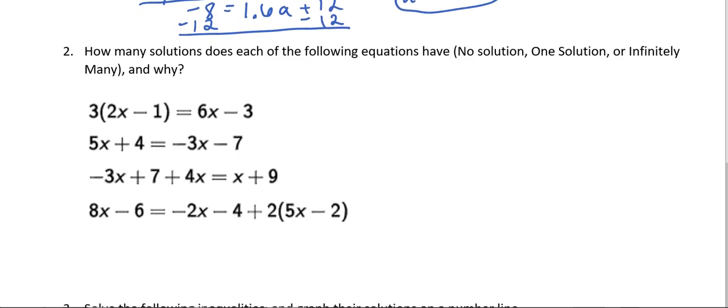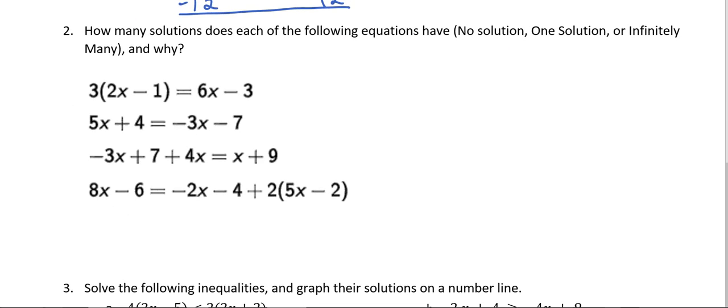Okay, number 2, how many solutions does each of the following equations have? No solution, one solution, or infinitely many, and why? So we're just going to begin by solving each of these and seeing if they have one solution, no solution, or infinitely many. Looking at our first one, I'm going to distribute. I'm going to get 6x minus 3 equals 6x minus 3.